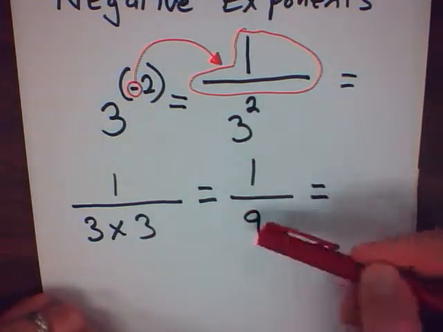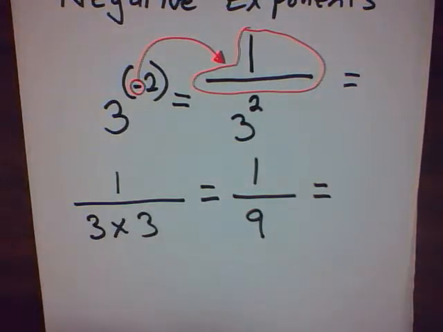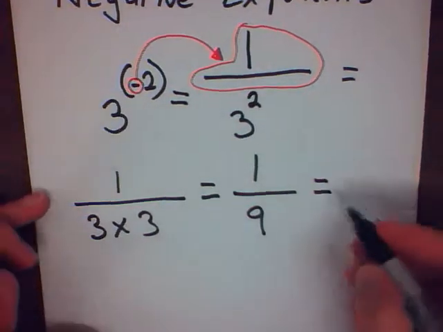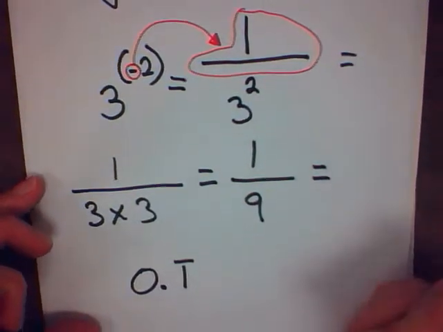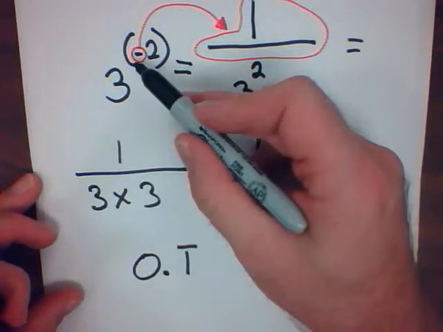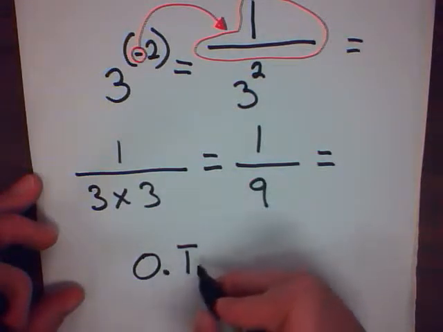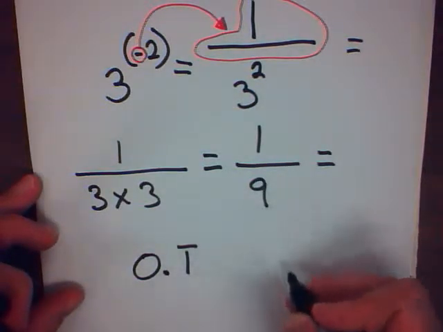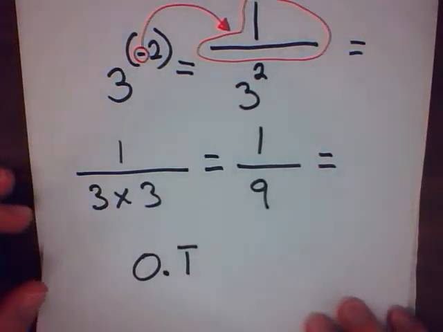This is actually 1 divided by 9, which, if I actually go and divide that, I will discover that it will come out to 0.1 repeating. In other words, 3 to the power of negative 2 is actually equal to 0.1111111 into infinity.